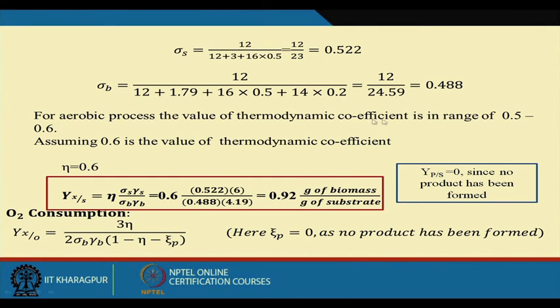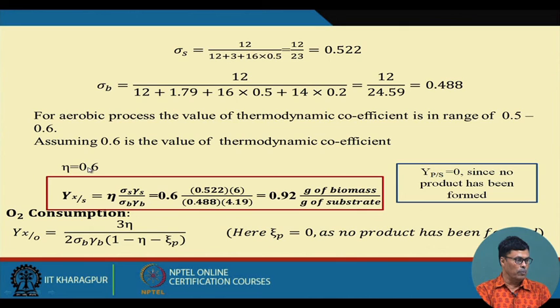Now since it is an aerobic process, the thermodynamic efficiency is assumed to be 0.5 to 0.6, and we can assume 0.6. We assume there is no other product except biomass, so epsilon p can be assumed to be 0.